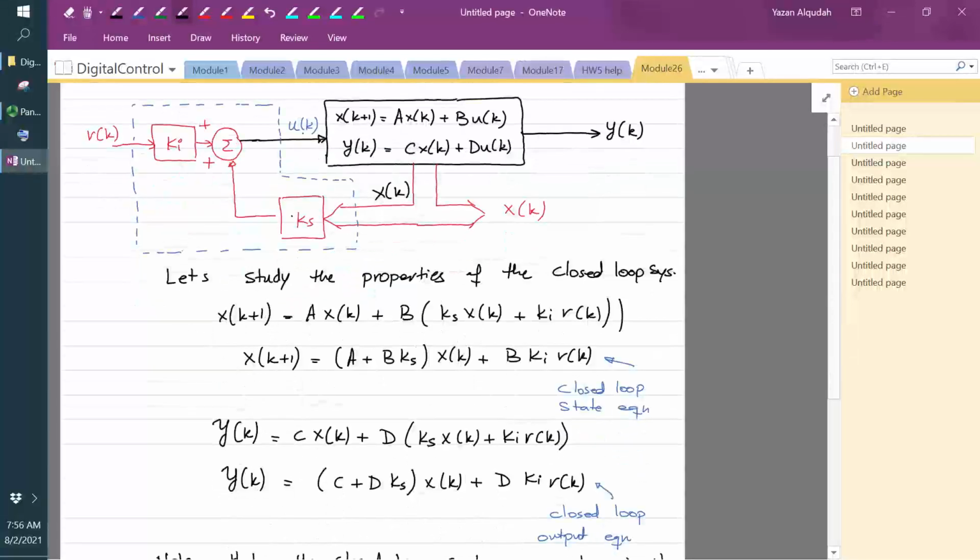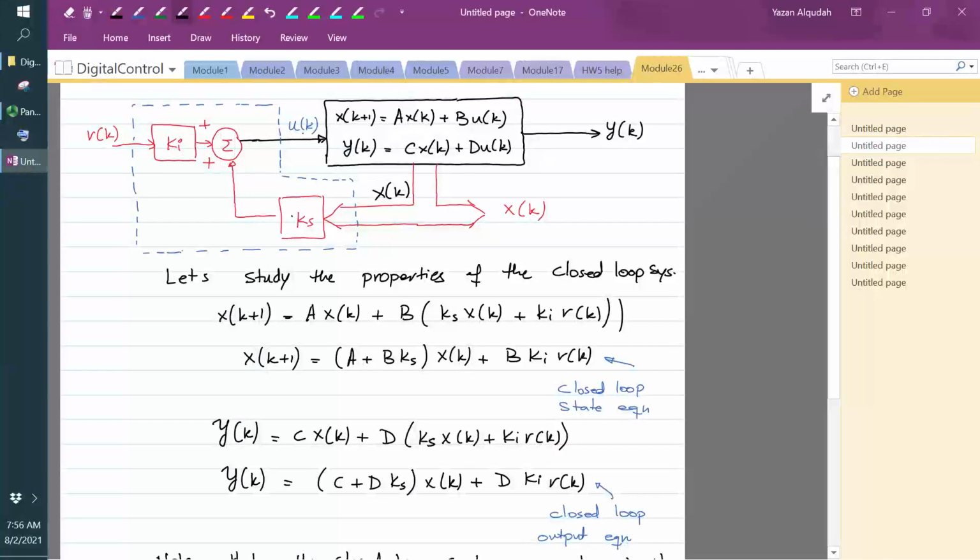Okay, so if you look at the equations for the closed loop system, we have X of k plus 1 equal to A X of k. Originally this was B multiplied by U of k, but now we replace U of k with Ks multiplied by X of k plus Ki multiplied by R of k.